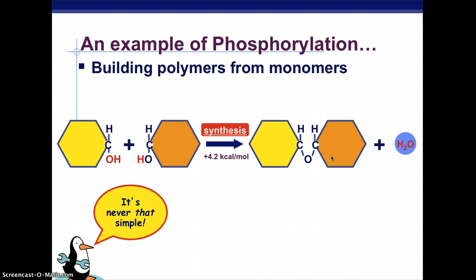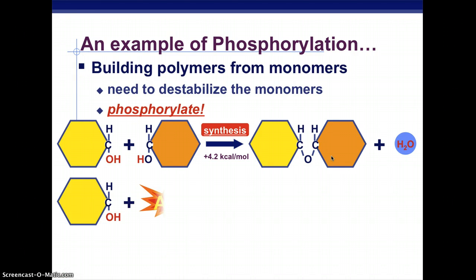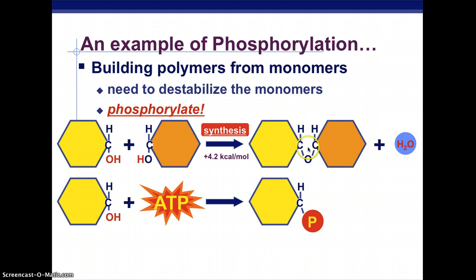So where do we get that energy to build the molecules? So we need to destabilize the monomers. We need to pair it up with an exergonic reaction. And we do that by phosphorylating. So here's our ATP, and what we're going to do is we're going to transfer a phosphate group from the ATP to this monomer. And if we do that, that is an exergonic reaction.